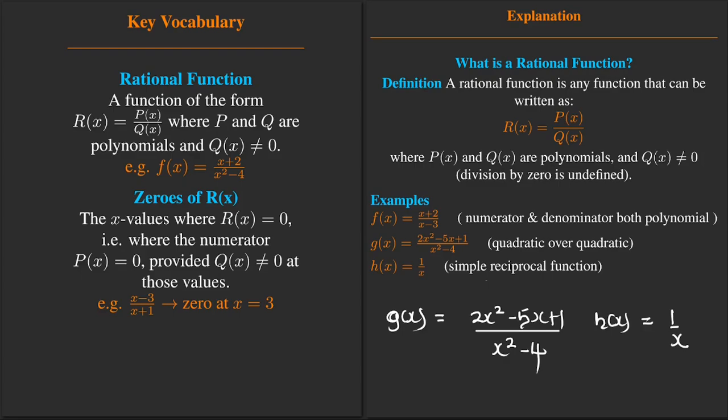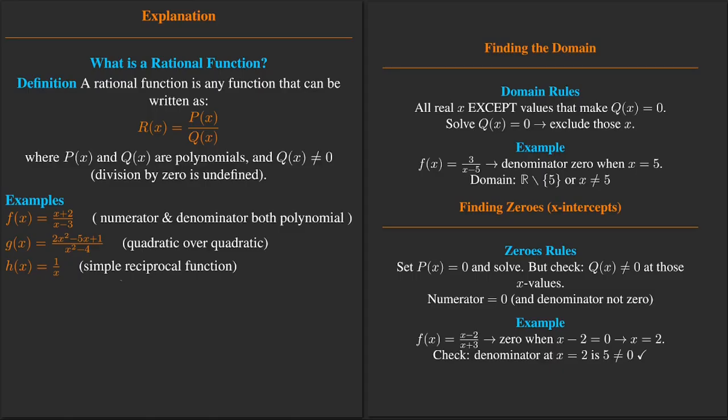So let's first of all talk about the domain of the rational function. When we talk of the domain of the rational function, it's simply all the real x values except those that will make q of x equal to 0.